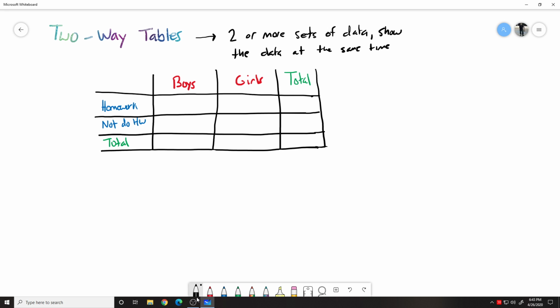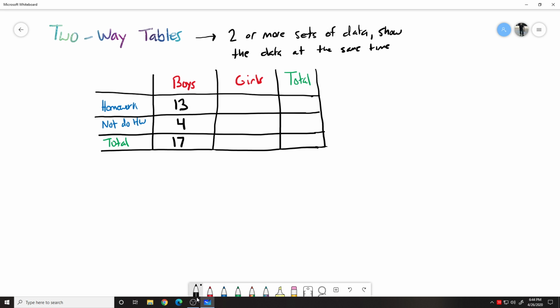And we discovered that 13 boys did their homework and 4 boys said that they didn't. So how many boys in total did we ask? Well, 13 plus 4. We asked 17 boys in total. 13 did their homework, 4 of them didn't.